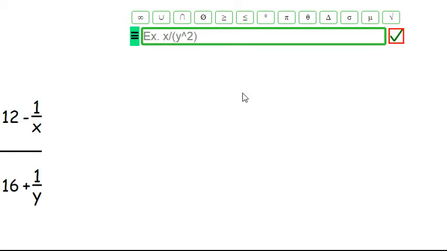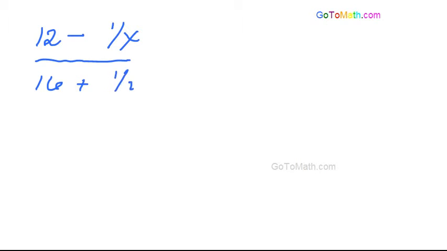Alright. What do we got going on here? I guess we're going to rewrite that. 12 minus 1 over x and 16 plus 1 over y. Okay, so let's take a look at the numerator.